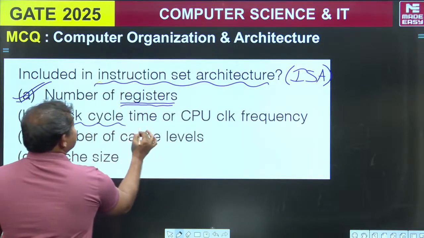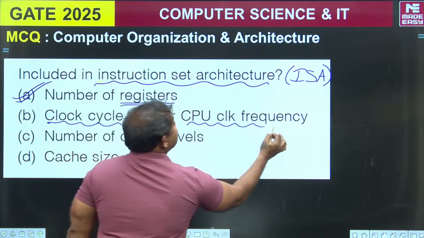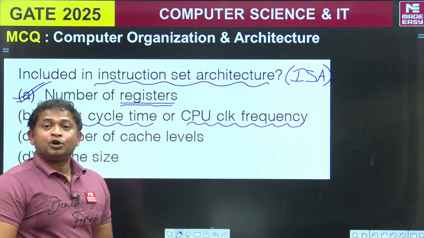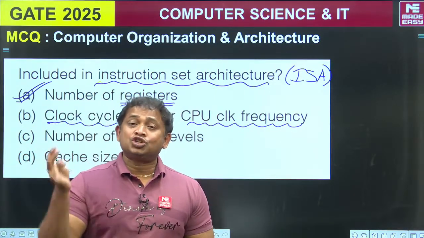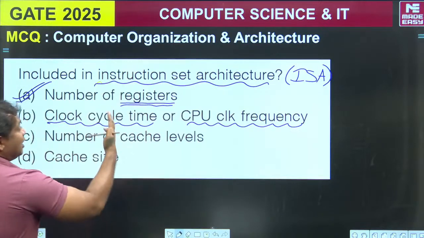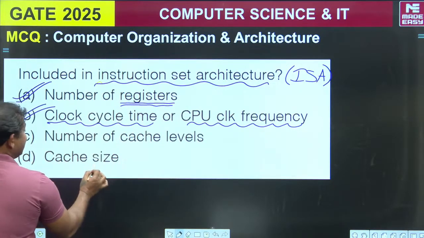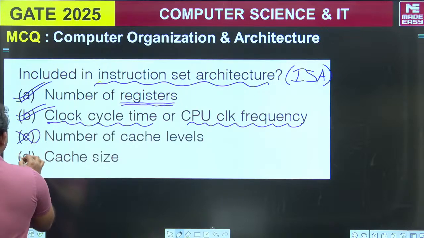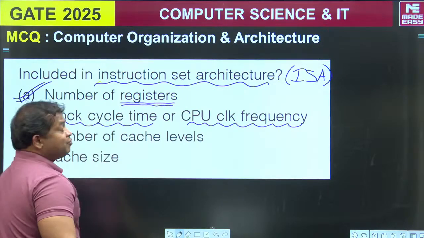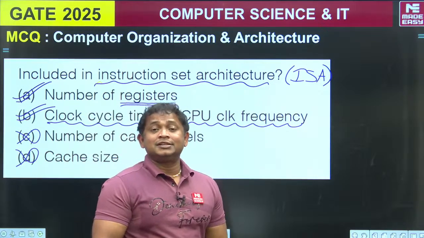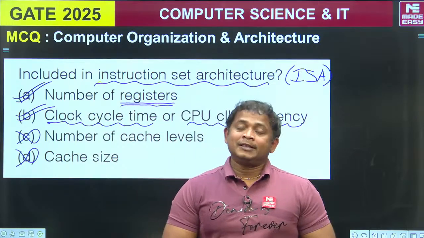Next, the clock cycle time or clock frequency of a CPU. CPU clock frequency is also described in the architecture. Then the number of cache levels and cache size, these two, how many cache levels are there and what will be the cache memory size in the system, do not come under the architecture.